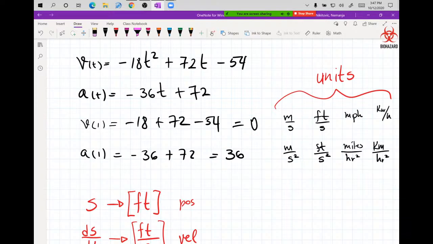Now, again, you're only going to have one of these pairs per problem, depending on which units the problem used. And if they use different units, let's say they use feet and hours, we don't do feet per hour, right? The snail might be doing feet per hour, but we don't.